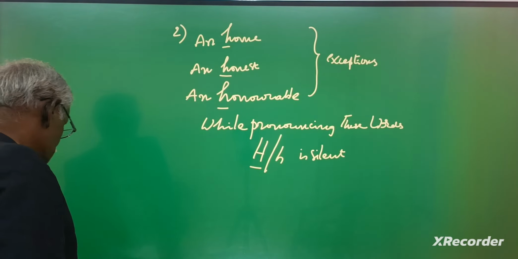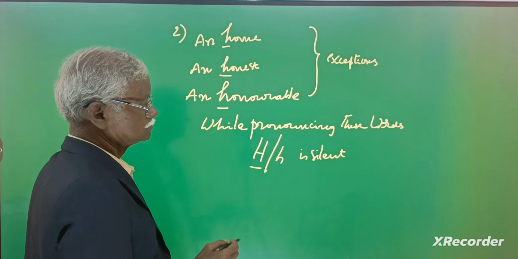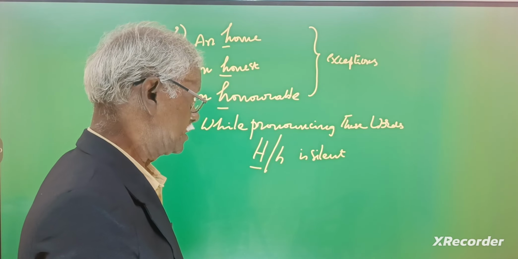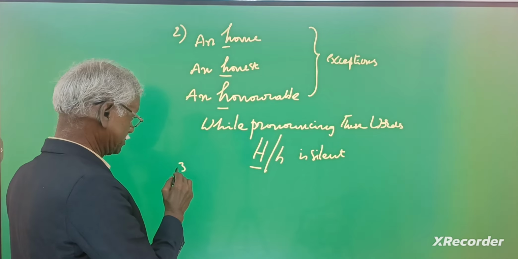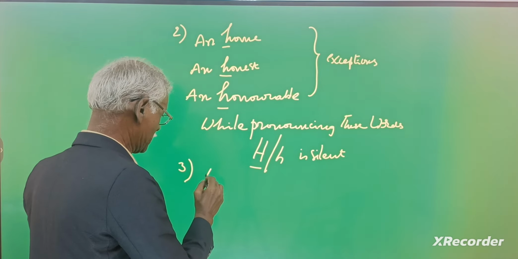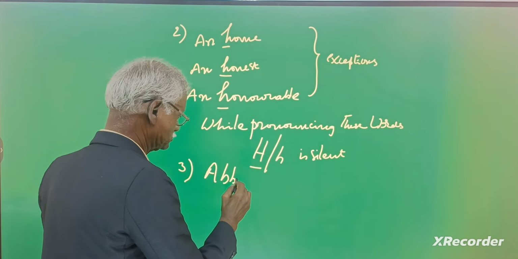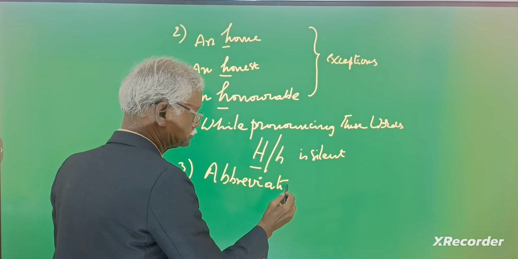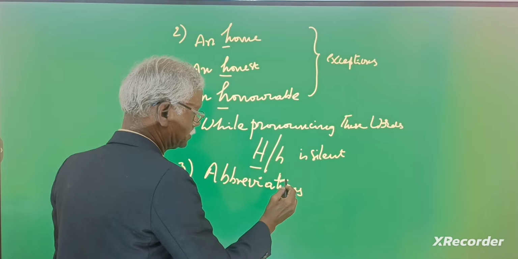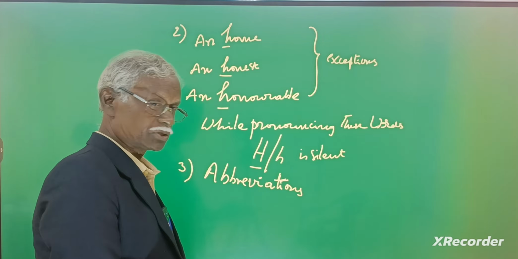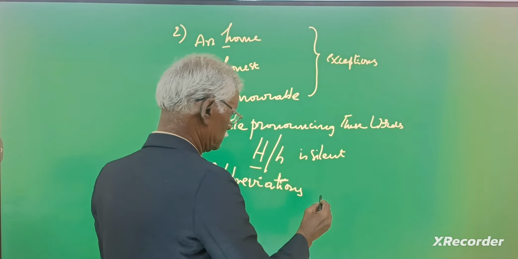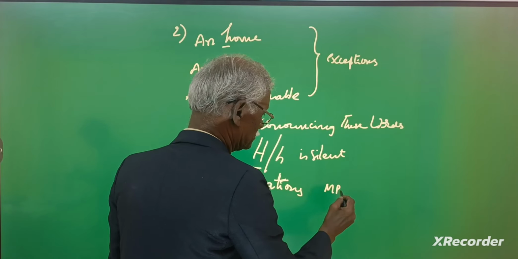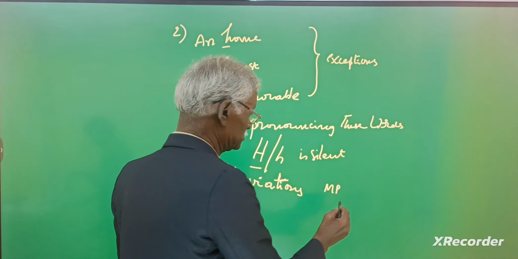Next, you know what abbreviations are. The third one is abbreviations. Abbreviations means, for example, MP means Member of Parliament.